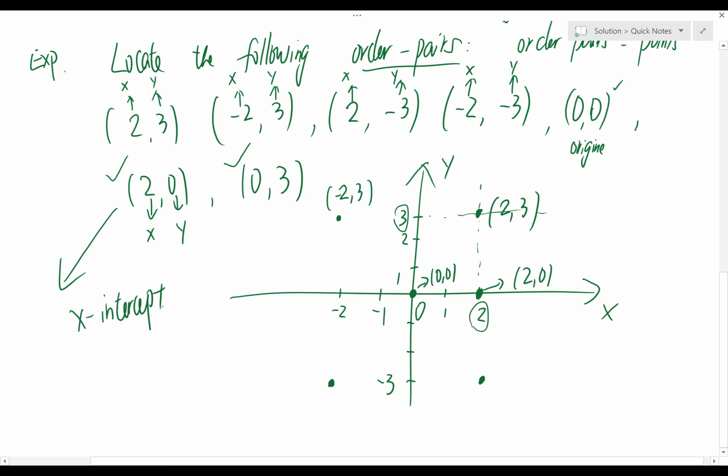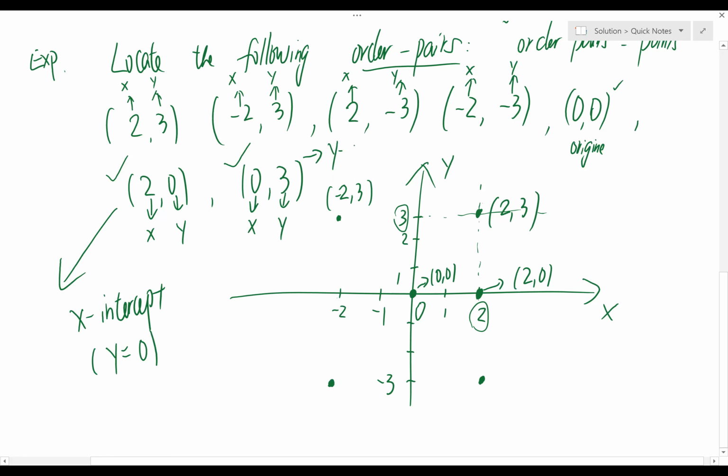So the key characteristic of the x-intercept is when y equals 0. This is always true, right? And the last ordered pair, you see x value is 0, y value is 3. And when x equals 0, that's what we call the y-intercept.